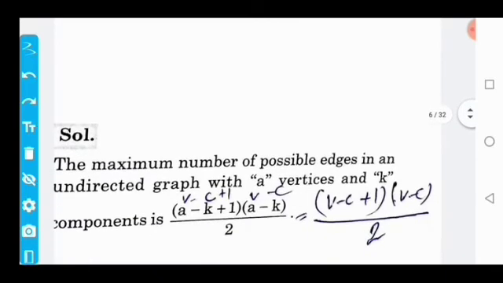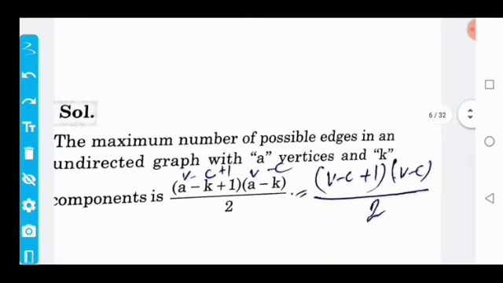The maximum number of possible edges in an undirected graph with a vertices and k components is (a minus k plus 1) times (a minus k) divided by 2, and we can easily say that it is (v minus k plus 1) times (v minus k) divided by 2, where v is vertices and k is components. Now come to the next question.